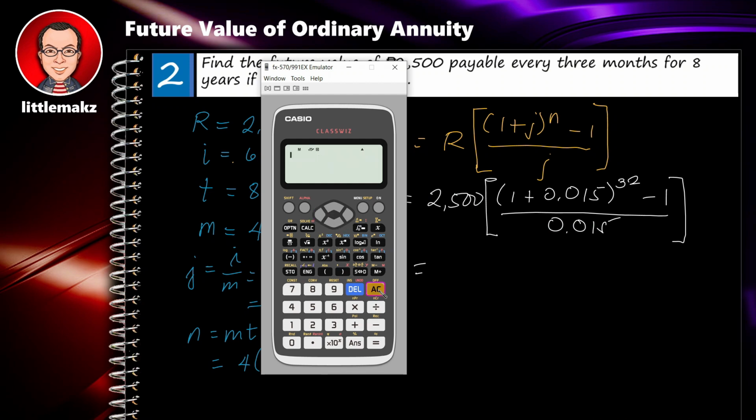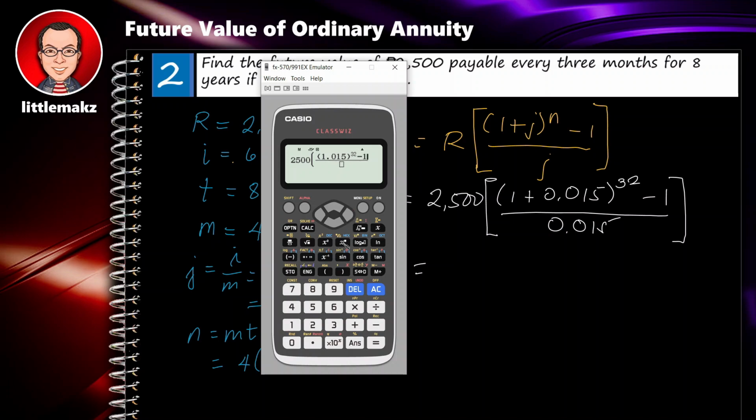So we have 2,500 multiplied by 1. Let's just combine 1 and 0.015, and we've got 1.015. Then it's going to be raised to the 32nd power.